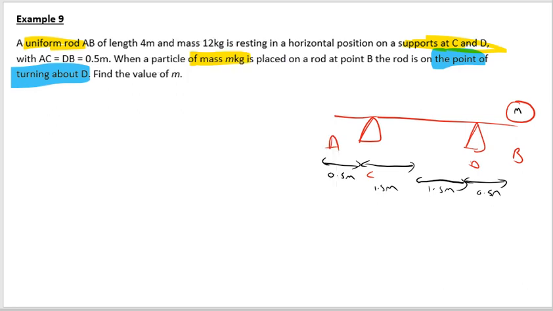The mass is 12 kilograms, so the weight will be 12g. This one has a mass of m kilograms, so it's going to have a weight force of mg, and then these are going to have reaction forces going upwards. It doesn't say they're the same, so we're not going to assume they are, so we'll call them RC and RD.